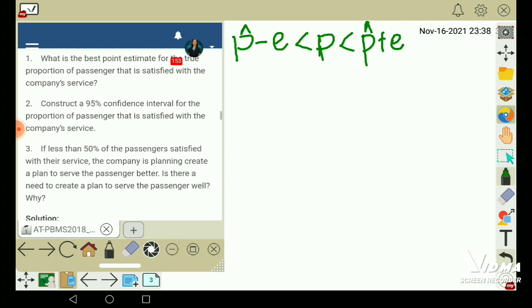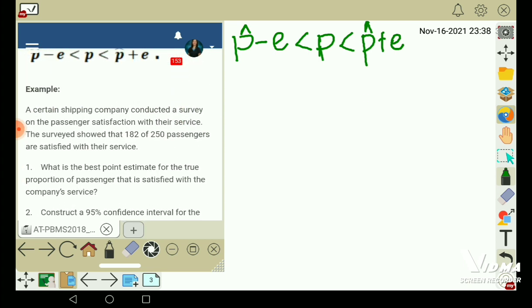Okay, now we are going to go with your given. Take note, given is from our problem, and we have here a sample of 250 passengers. Out of the 250 passengers, 182 of them are satisfied with the service.